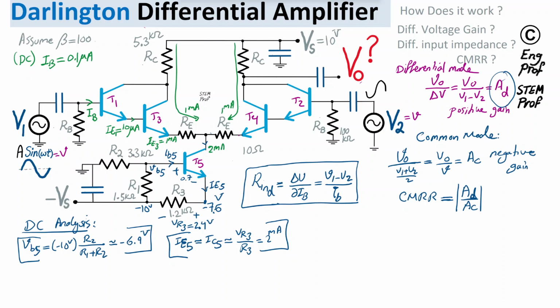Given RB of 100 kilo ohm, there is a DC voltage drop of 100 kilo ohm times 0.1 microamp, which is 10 millivolt. So there is a 10 millivolt DC drop across RB. Basically, it means the DC voltage of the base of transistor 1 is equal to negative 10 millivolt, which is negligible. We can say effectively 0.